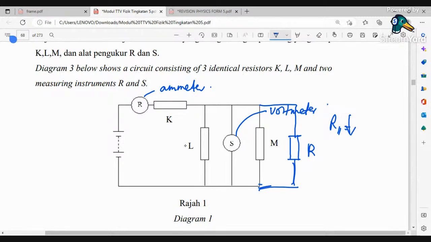So if this one is smaller, the total effective resistance of the circuit will become smaller, thus current increases.